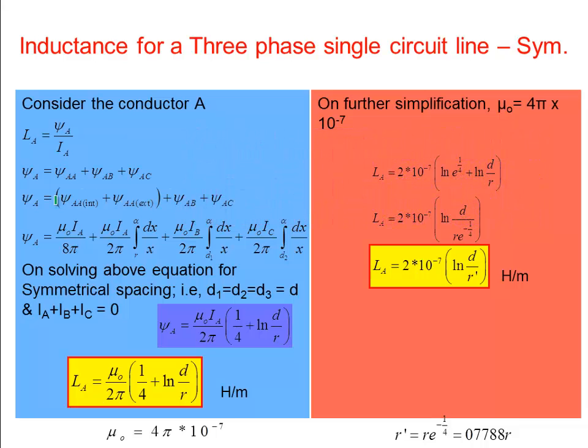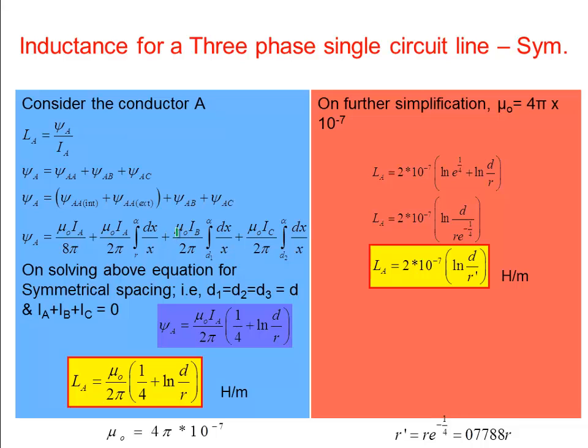So now if we substitute all the values of flux linkage in the equation, then we will get mu naught Ia by 8 pi plus mu naught Ia by 2 pi integral of r to infinity dx by x. This is for internal and this one is for external flux because of current Ia.